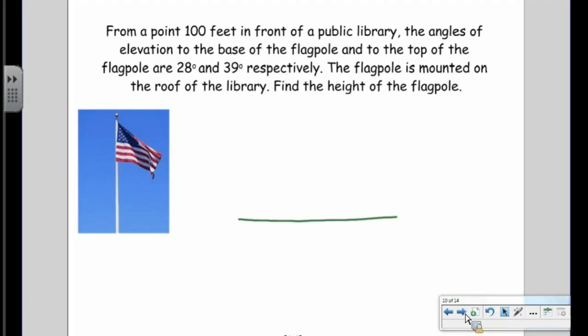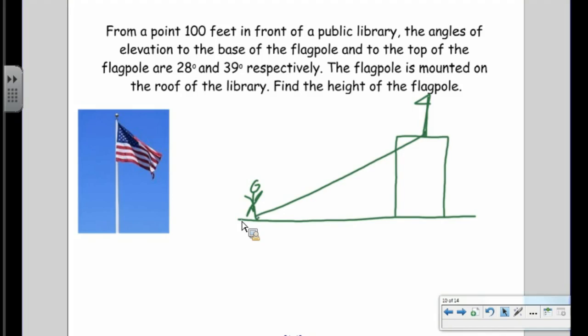So we have a public library, and on top of the library we have a flagpole. Pretend that that was perpendicular. Sorry about that. You can be right here. There's you. The angles of elevation. Okay, so you see, I'll go from the ground. You see the bottom of the flagpole, and you see the top of the flagpole.